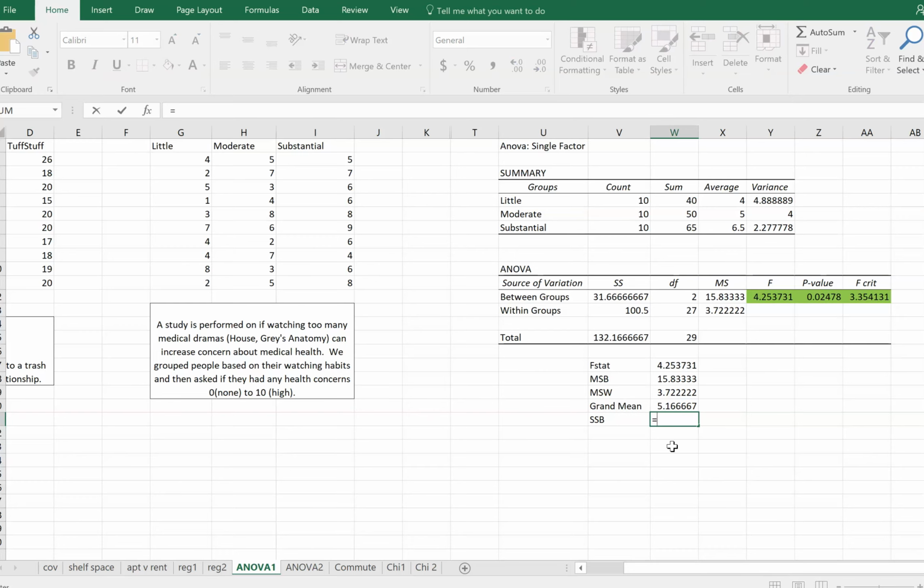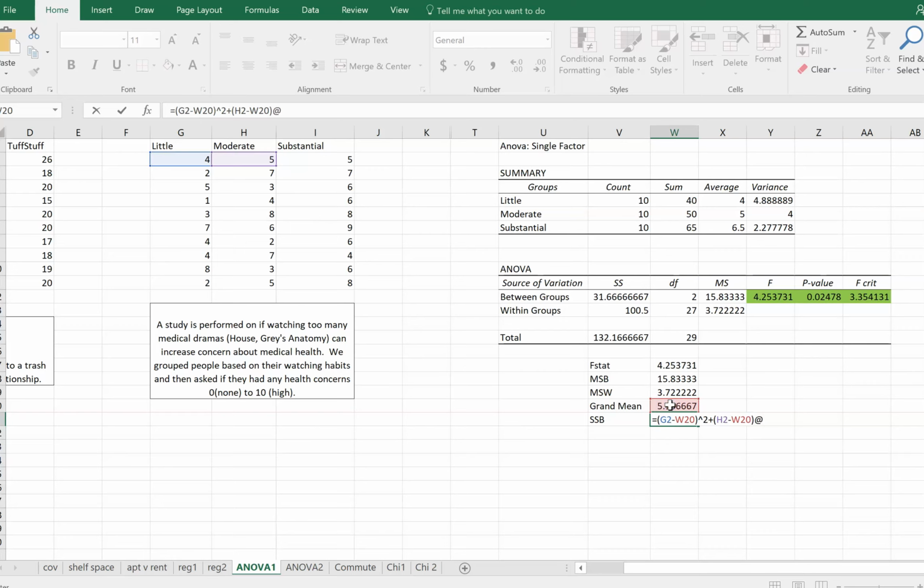And so what you would do is take each and every number, take off the grand mean, and square it. That's what the SS stands for, sum of squares. Plus, you would do it no matter what column you're in. You take each and every number off from the grand mean, squared.